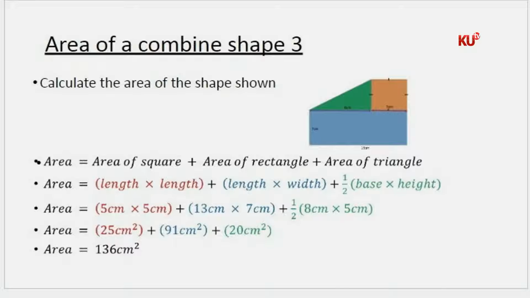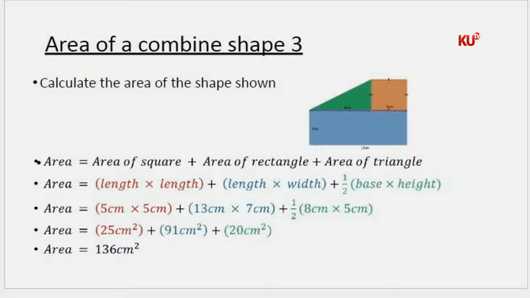So I have shape A, B, C, where A is the triangle, B is the square, C is the rectangle. And the measurement, as we can see, for width for the rectangle is 7 centimeters. Then the length is 13 centimeters. For the square, this and this and this and this, they are equal. So this one is 5 centimeters.